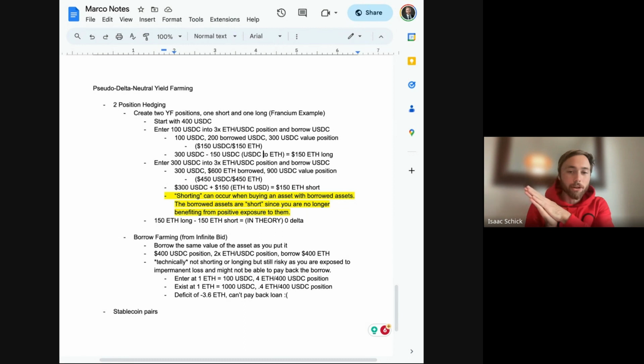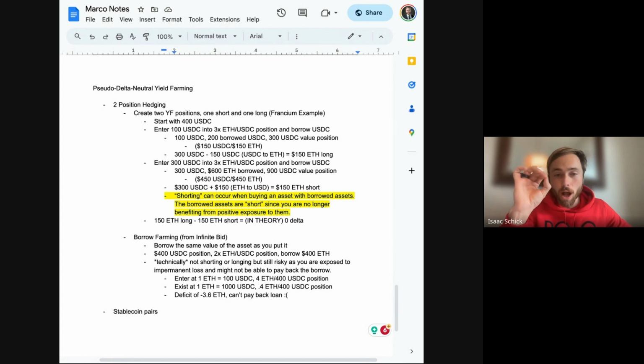When you buy Ethereum, you are holding Ethereum, but you still owe $200. So if the value of Ethereum goes from $200, let's say, to $400, you could sell your Ethereum, pay back your borrowed position, and still have $200 left behind. So you are making the difference between the two.